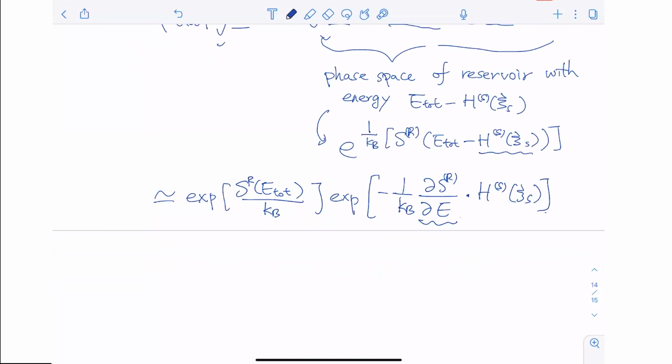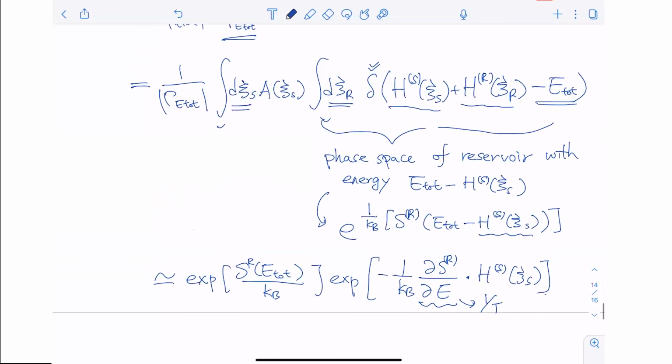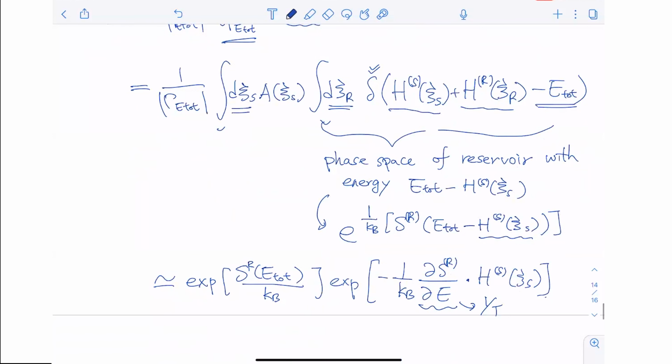And this object is basically 1 over T, defined by the temperature of our reservoir. So why is it useful? Because you'll see that the average value of A star is now related to the microscopic configuration of our system only through this exponential factor, because this is the only place where the microscopic coordinate appears.